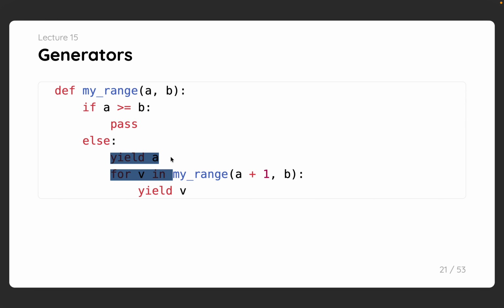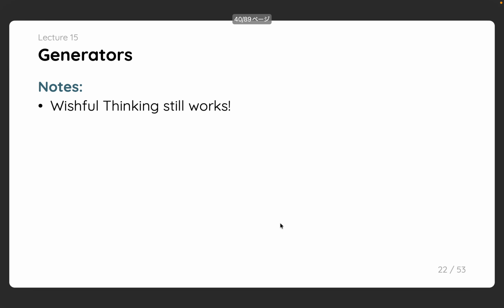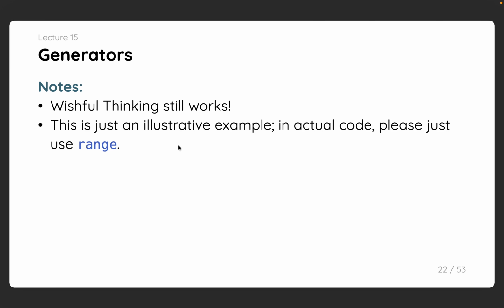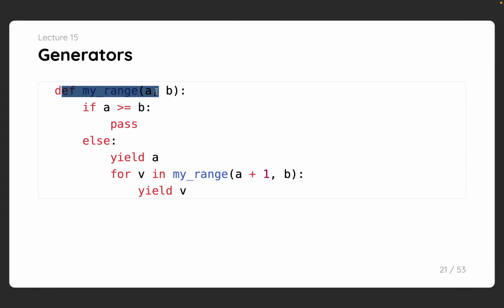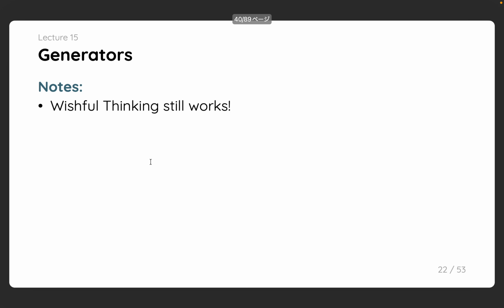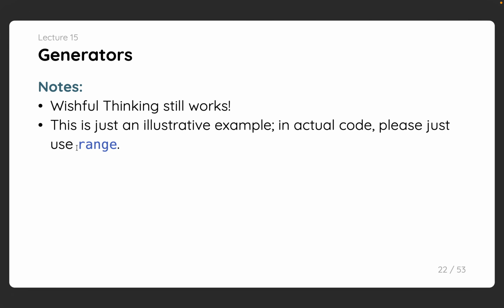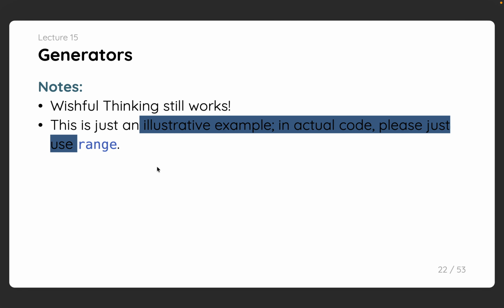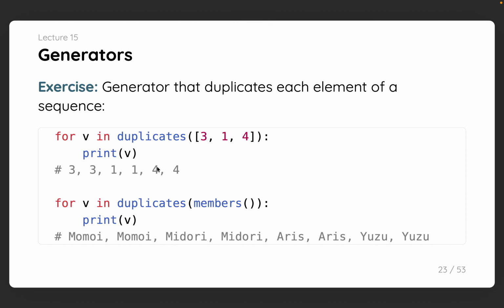And once we have these, all we have to worry about is yielding a. So yield a, then yield everything inside this other range. Okay, so again, we did this just to demonstrate that we can make our own range if we do something like this. But in practice, please just use the ordinary range function.